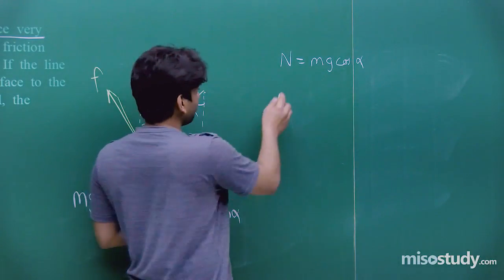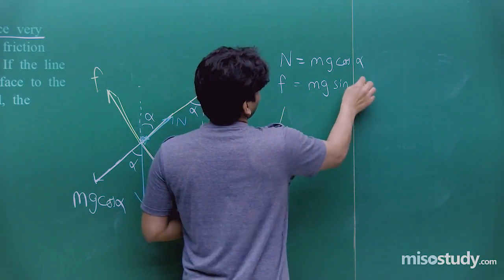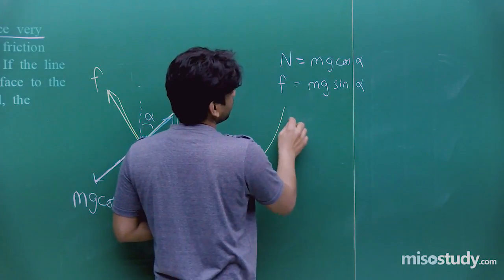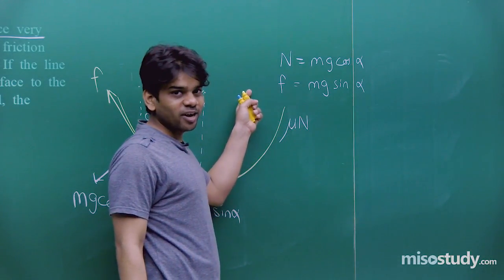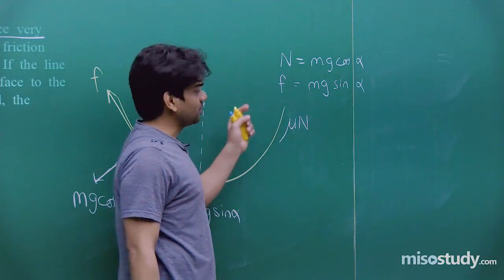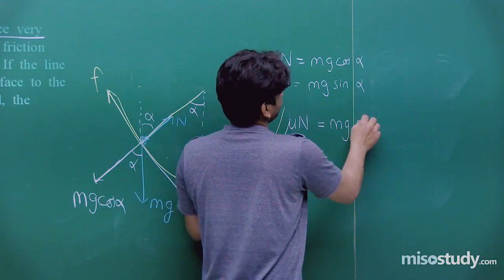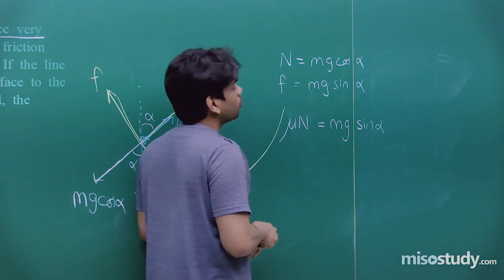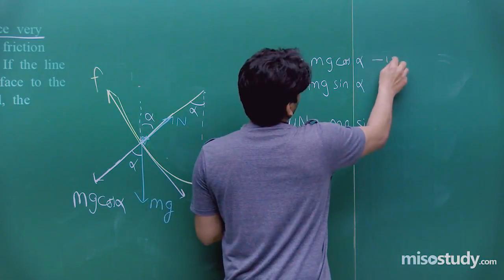So I'm going to write F equals mg sin alpha. Because we are talking about limiting friction, limiting case, that's why directly I have put F equals mu into n. Otherwise we cannot put F equals mu into n. Mu n equals mg sin alpha. Now let me take this as equation number 1.